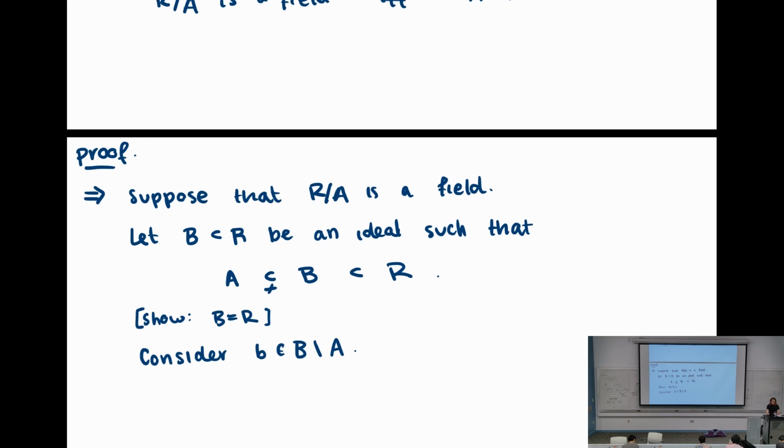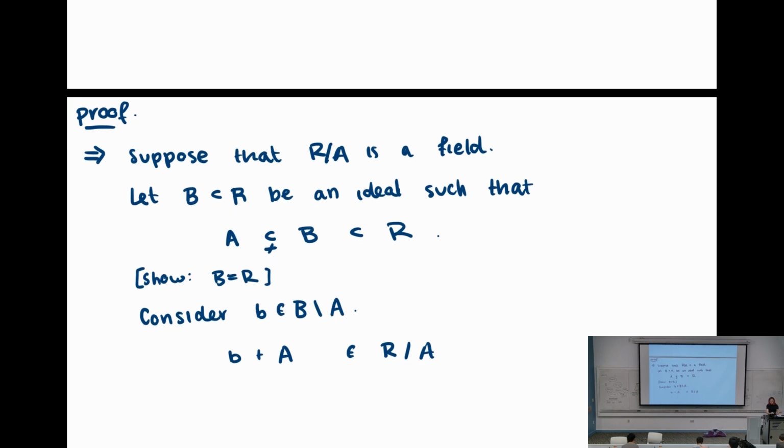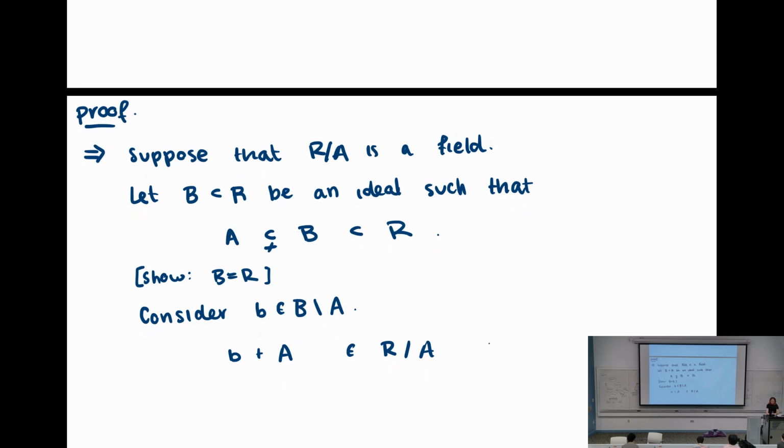So let's consider the element b plus A inside of the quotient R mod A. Is this 0? Is this the additive identity in this ring? No. Why? Yeah, so since b is not in A, this is not equal to 0 plus A, which is the additive identity in R mod A.